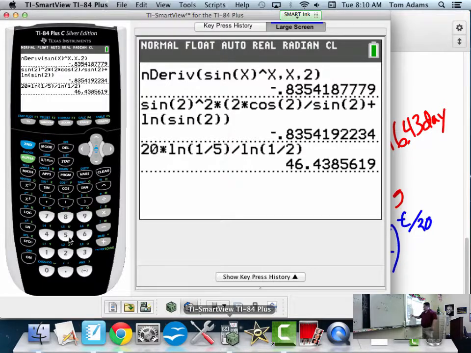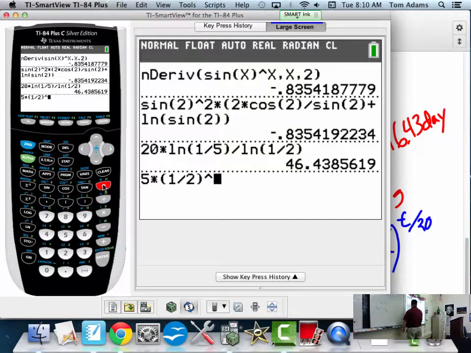So what I'm going to do is, let's do that. I'm going to say 5 times, in parentheses, 1 divided by 2, close parentheses, raised to the, start parentheses, and I'm going to put 46 point, and I'm going to write the whole thing out. 385, actually if we round that off, it should have been 0.44, not 0.43. 5619 divided by 20.